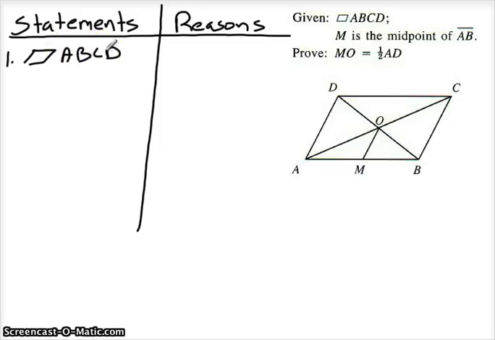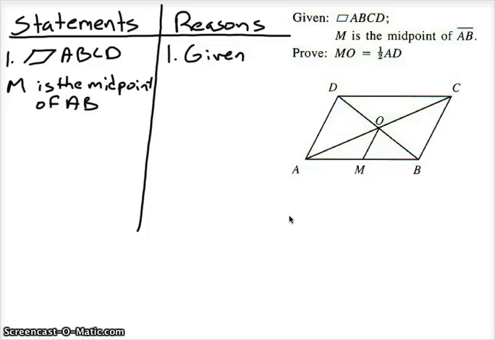We know opposite sides are parallel, opposite sides are congruent, opposite angles are congruent, the diagonals bisect each other. So a lot of information. We'll figure out which part we're going to use for this problem. We also know that M is the midpoint of segment AB. And this is all given.